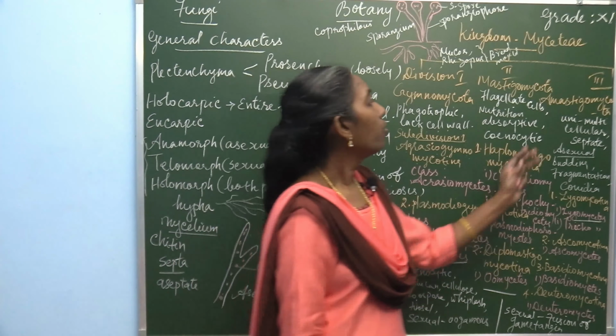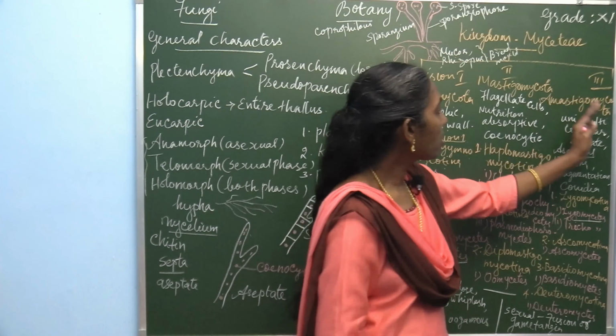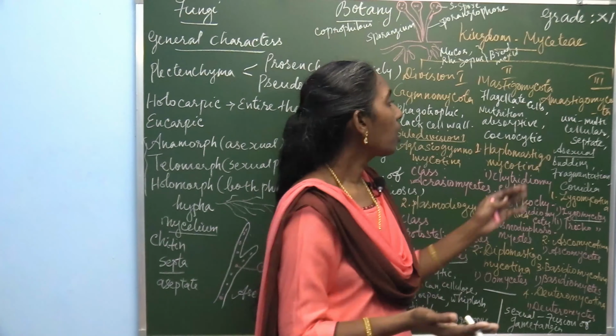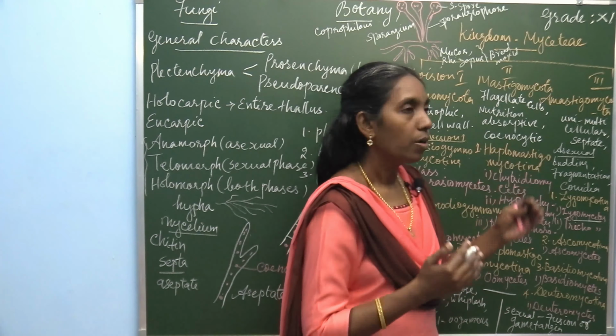Now Amastigomycota, the main division. What are its characters? It ranges from unicellular to multicellular. The plant body is septate, and asexual reproduction takes place by budding, fragmentation and conidia formation, and sexual reproduction takes place by producing spores.